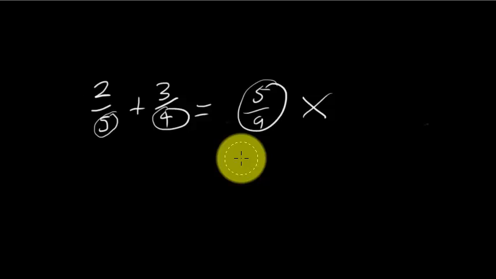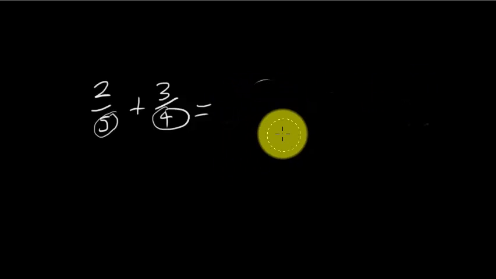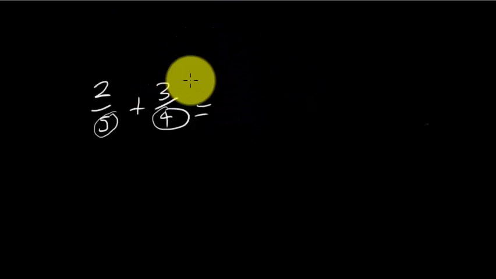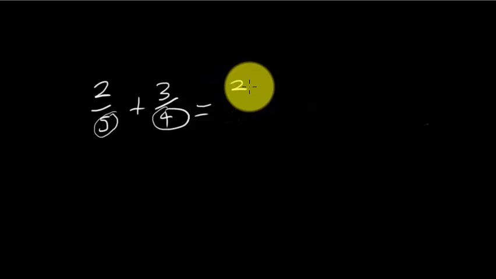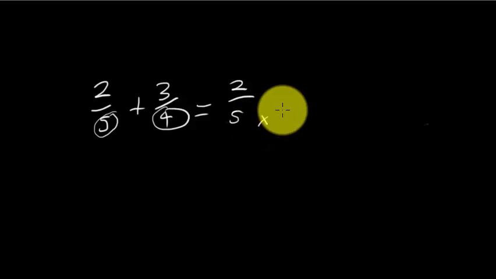Let's work out how to get the common denominator and add these fractions. So just erasing that, which is incorrect. First times 2 over 5 by 4 to get to 20. And we also have to times the numerator, so times that by 4 as well.